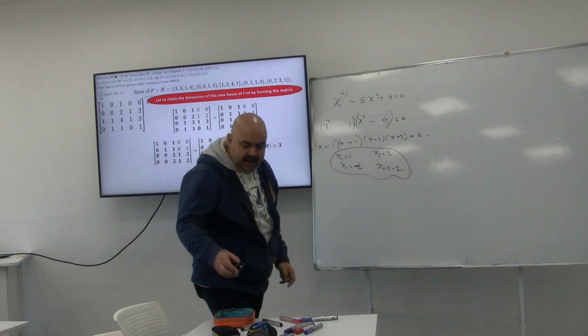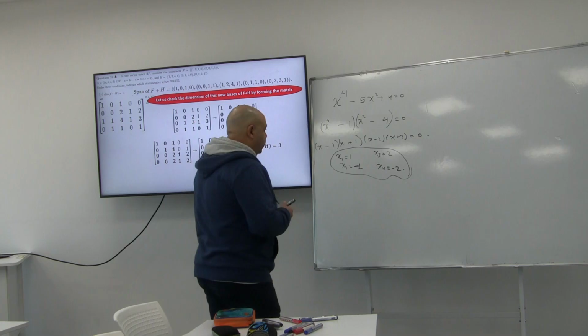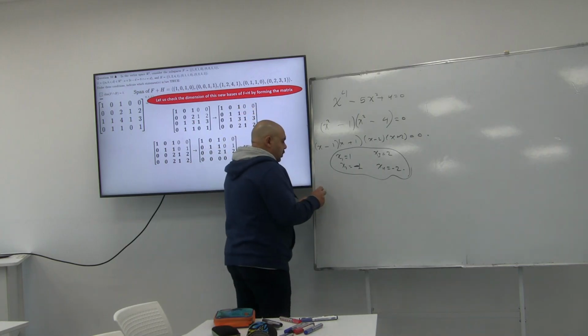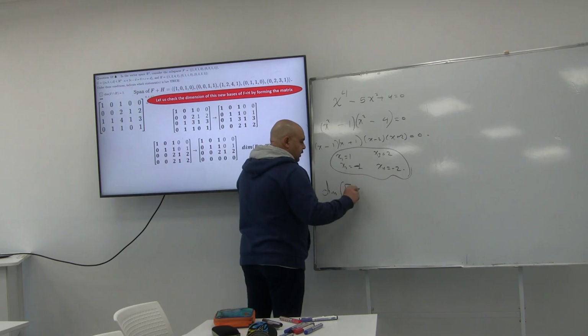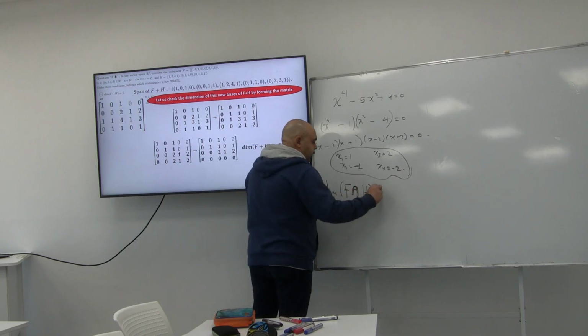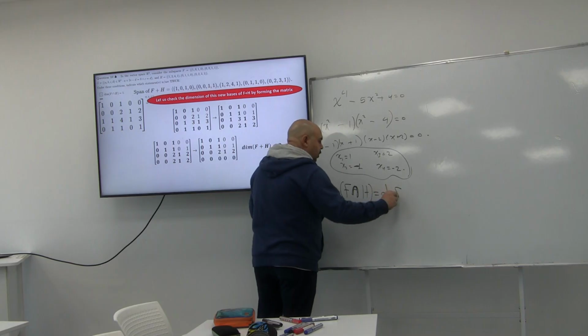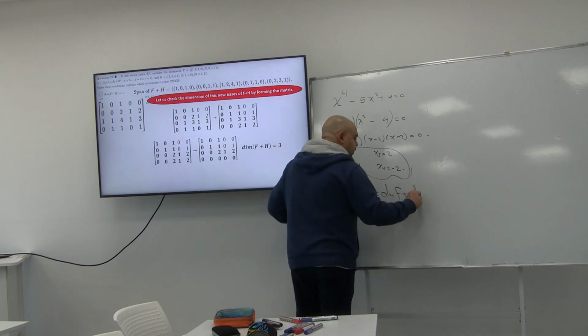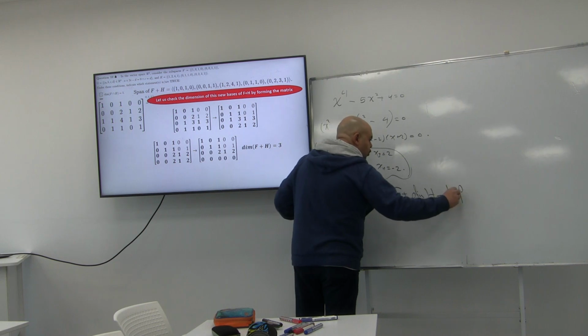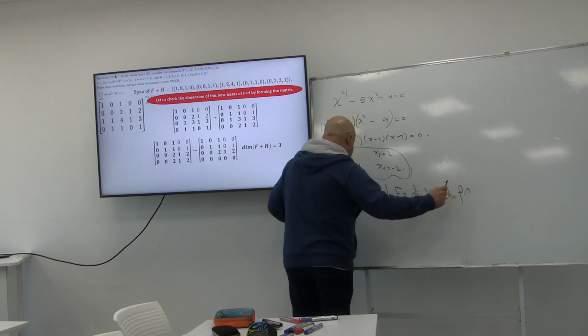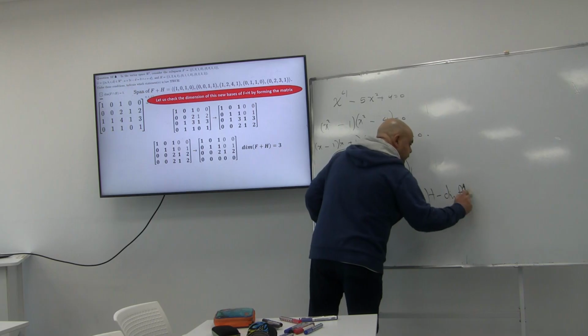So now I can find the intersection. The dimension of f intersection h will equal the dimension of f plus the dimension of h minus the dimension of f plus h.